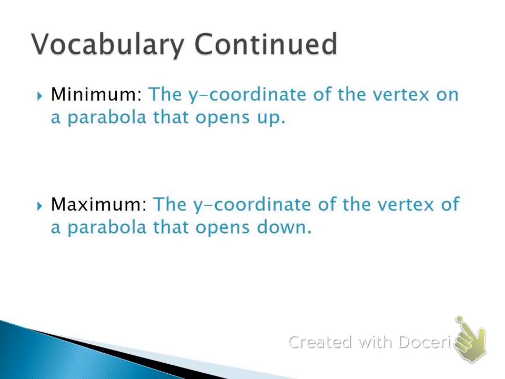So it hopefully would make sense that the minimum or maximum value would just end up being the y-coordinate of the vertex, right? Now, minimum value happens if the parabola opens up. Think about that. If we draw our U up, there is a lowest point. That's what the vertex is, right? So the vertex would be there. Since it's the lowest point, then in terms of the y-axis, it would also be the lowest value that the y-coordinate could be.